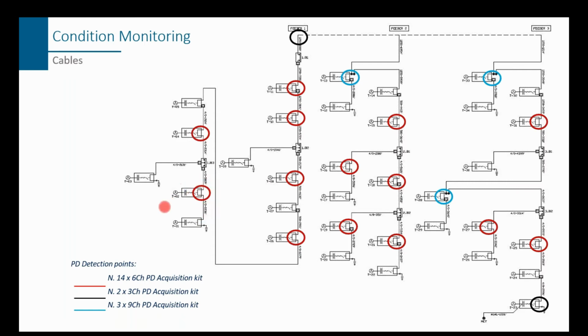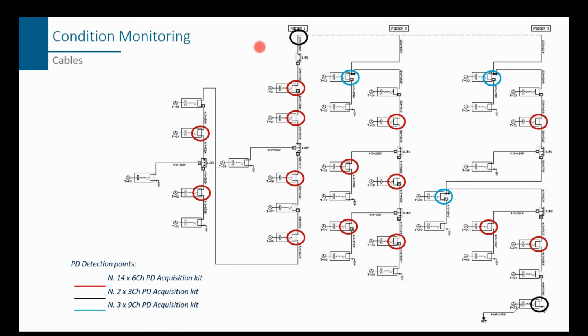The red circle means that we have an acquisition unit to monitor 6 channels. For example, if we're looking at it here, there's a cable coming in and a cable circuit going out. So two circuits, 6 channels for the acquisition. The blue circle monitors 9 channels, 3 circuits, 1 coming in, 2 going out.